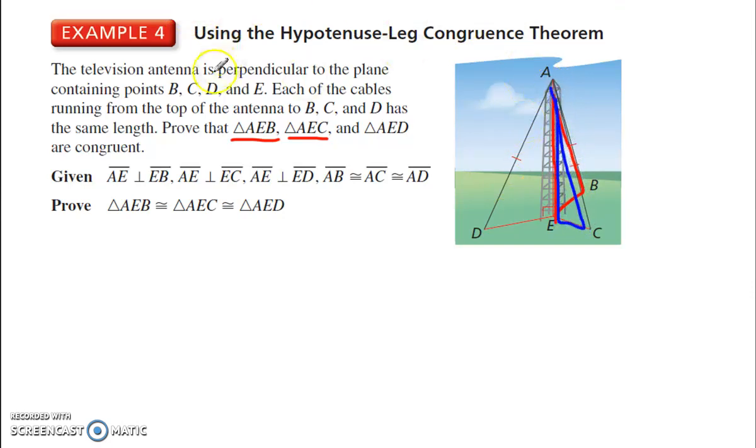Okay. What do we know? We know that these are perpendicular. That's what we're given right here.